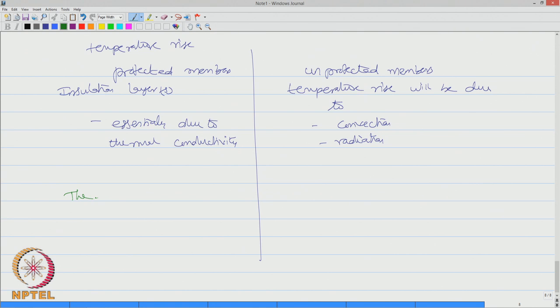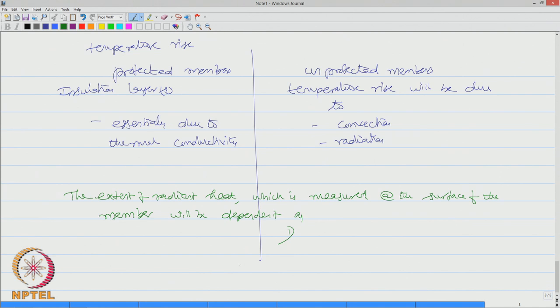So, friends, the extent of radiant heat which is measured at the surface of the member will be dependent on the geometric configuration of the member, which is otherwise in design called as view factor.